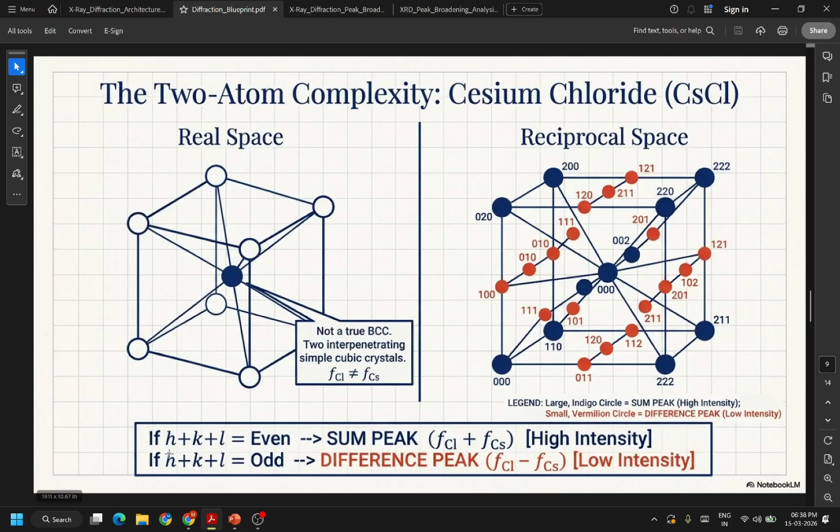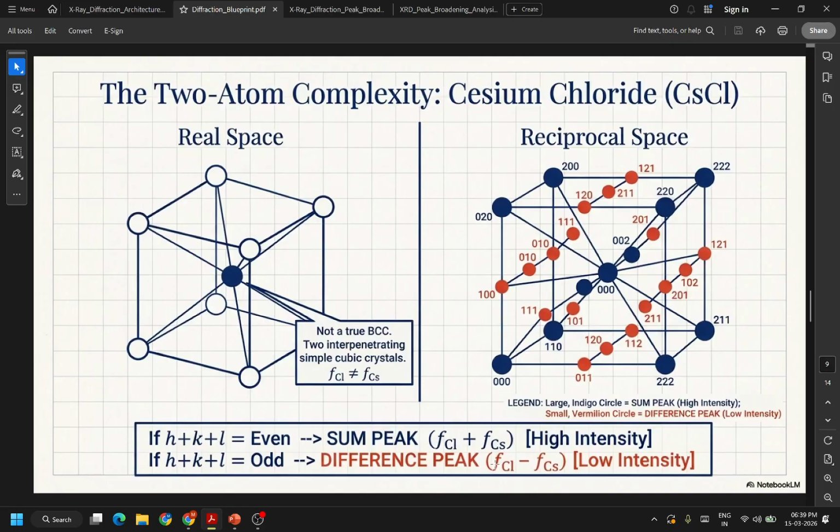So what will happen if H plus K plus L is even? Then we will have the sum of peaks, F_Cl plus F_Cs, which will give us high intensity. And if H plus K plus L is odd, earlier it would have been F minus F equals 0. But now the F's for both are different. So now we'll have the difference, F_Cl minus F_Cs.